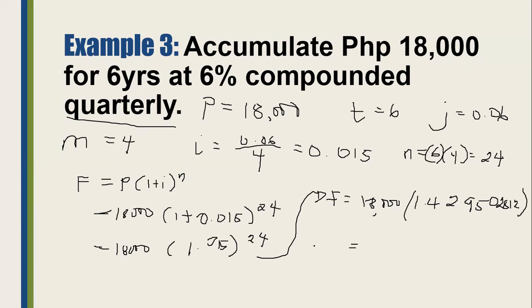So we have 25,731.05. So our final value po after 6 years is 25,731.05.